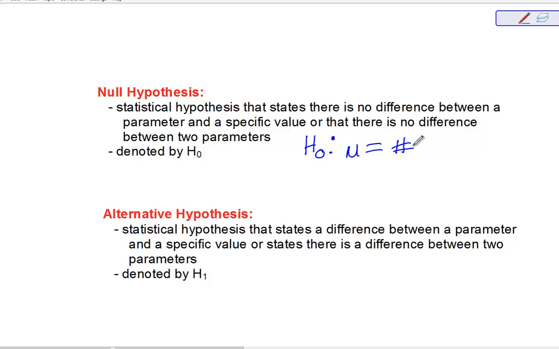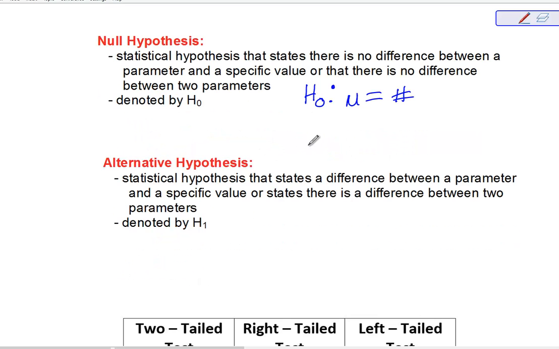Make sure that you put the H naught and the mu in here. It's not H naught equals, it's that the mean equals, okay? So this entire thing is your null hypothesis.